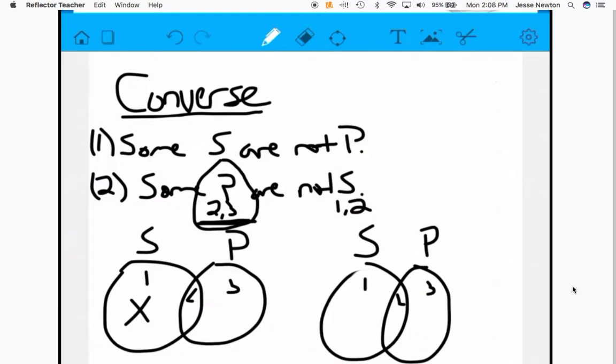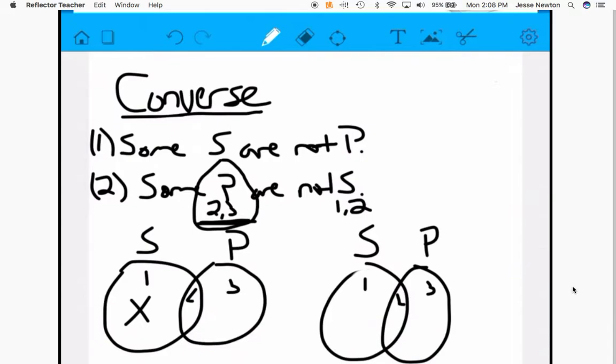I should have said this earlier, and it slipped my mind, and this was really important. Whenever you're working with particular categorical propositions, so some or some not, you'll always use an X. You never use shade. You only use shade when you're dealing with all or no. And you never use an X when you're dealing with all or no. X is for some.